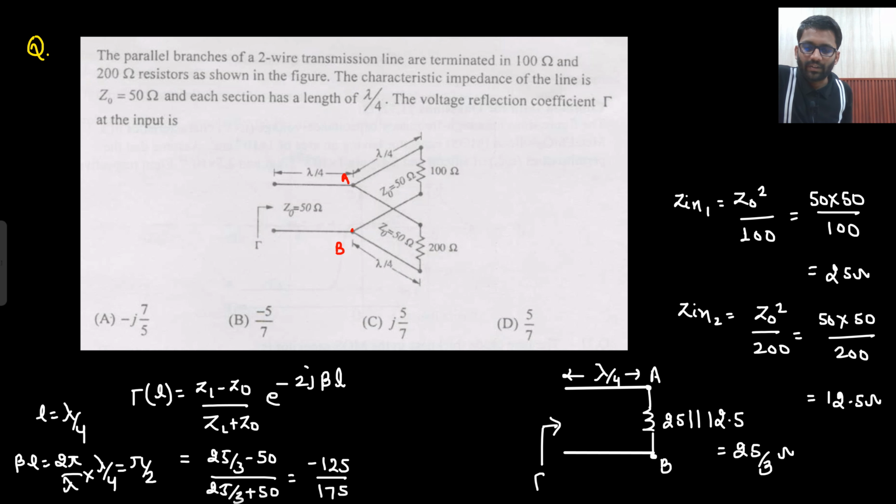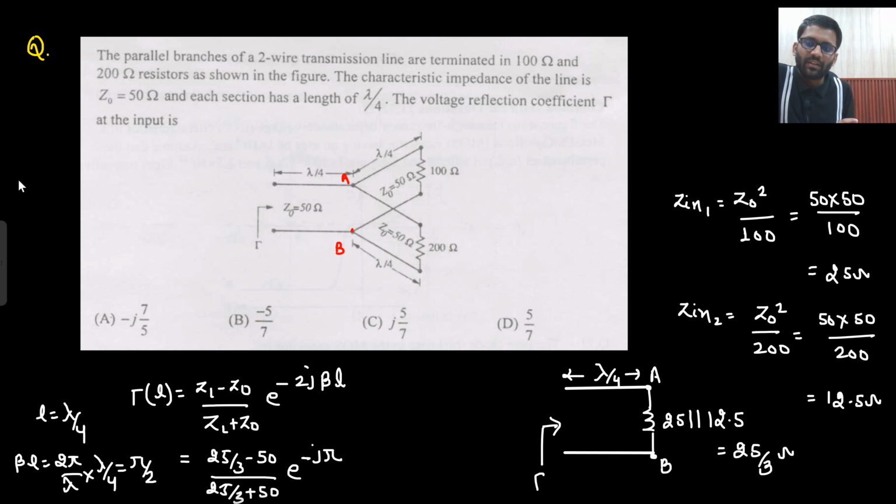And wait a second, here I forgot to write e to the power minus, this is your beta L, but here it is 2j beta L. What is beta L? Pi by 2. So this is becoming 2 and 2 will get cancelled, e to the power minus j pi. And what is the value of e to the power minus j pi? Minus 1.